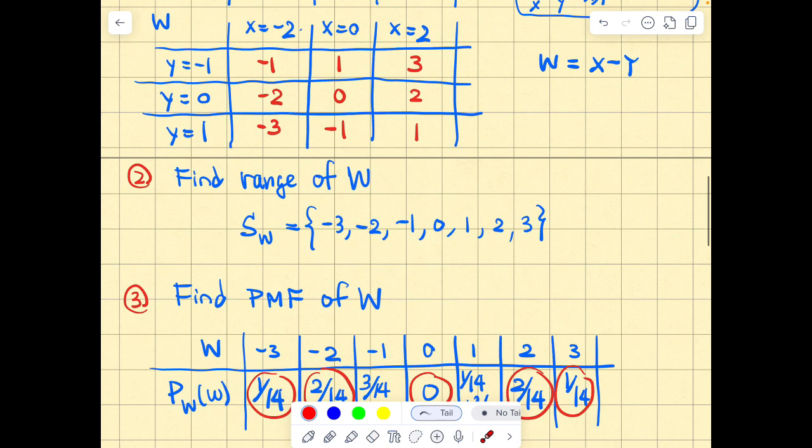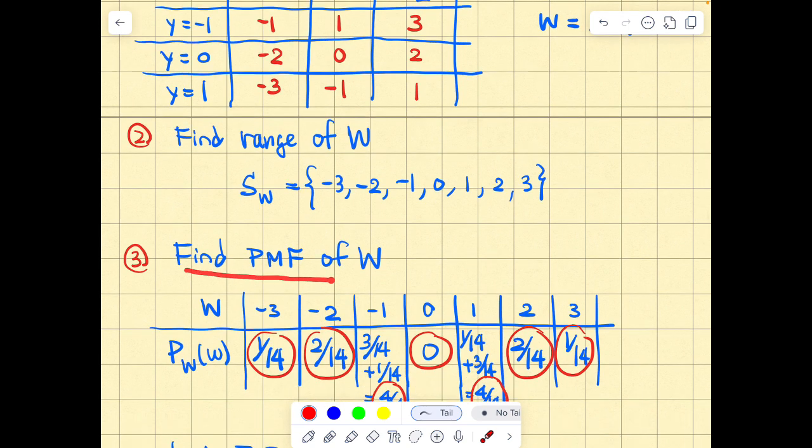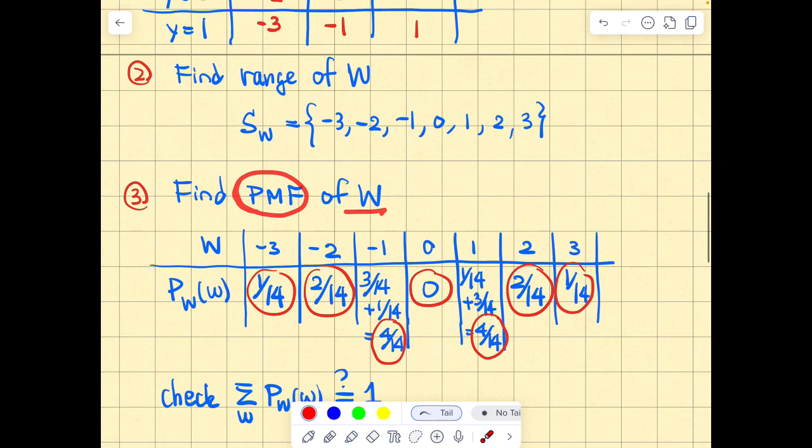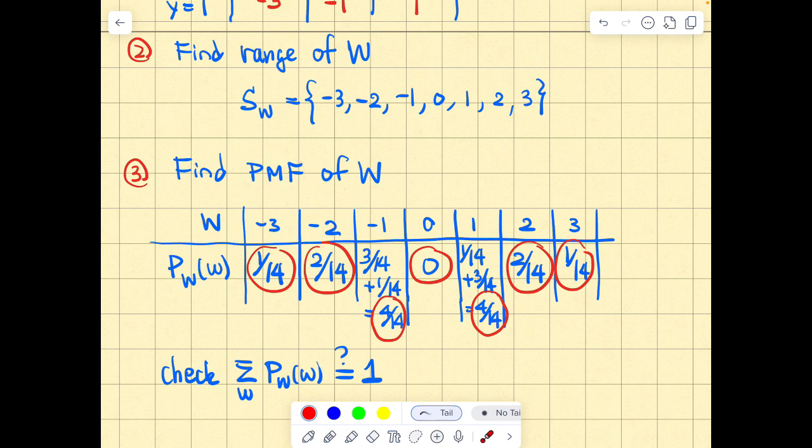Okay, step number 3: we're going to find the probability associated with each value or each entry. This is what we call the PMF of W. We're going to draw up another table dealing with W. So these are all the possible values of the outcome of W, and we want to find the probability in each case.